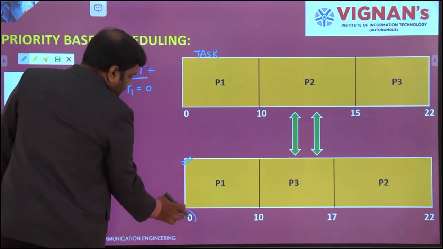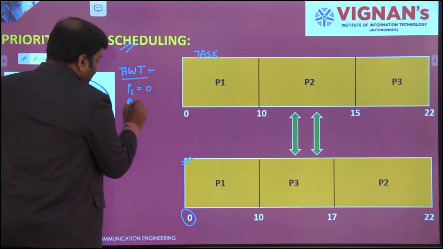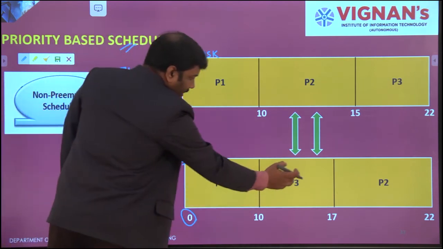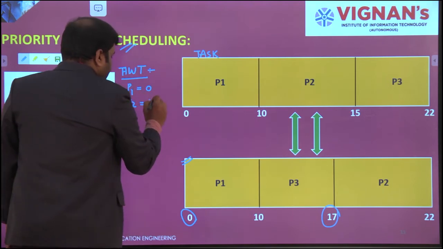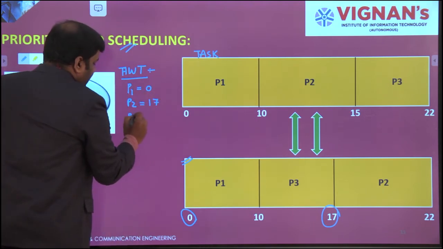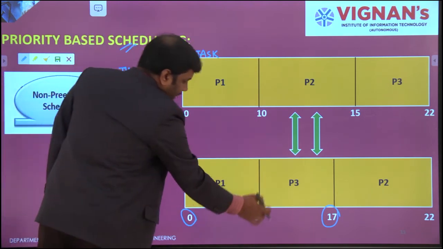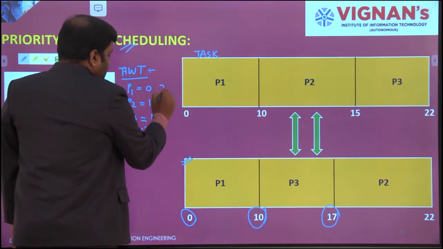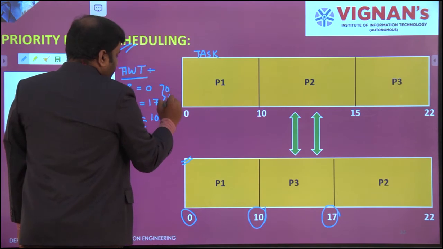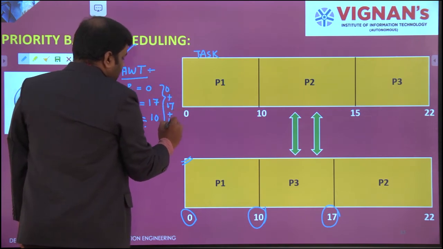So what is the waiting time of P1? This is 0, right? There is no waiting here. What is the waiting time of P2? P2 waiting time is 17 seconds. And what is the waiting time of P3? P3 is 10 seconds. So now I have the average waiting time: 0 plus 17 plus 10.